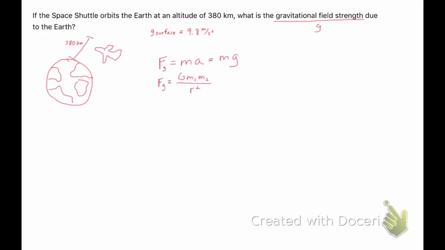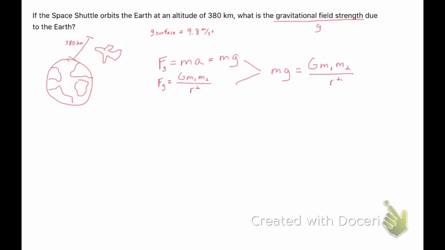So since Fg is equal to G m1 m2 over r squared and also ma or mg, we can put these two equations together and we get mg is equal to the gravitational constant times m1 times m2 over r squared, the distance between them. So that's the equation we're going to use.